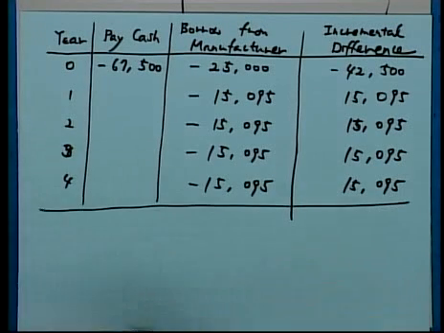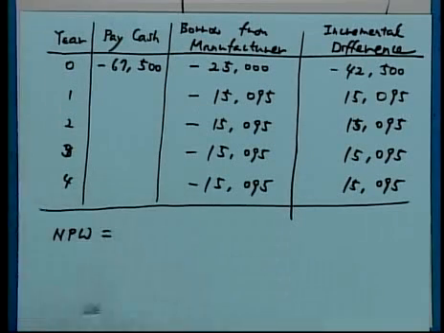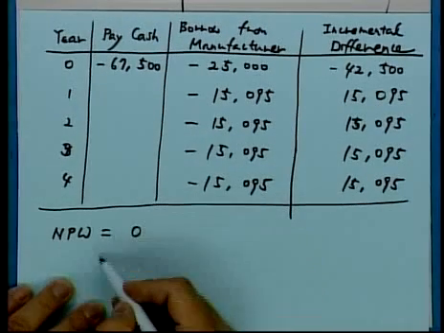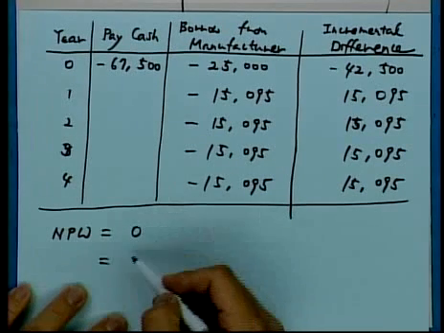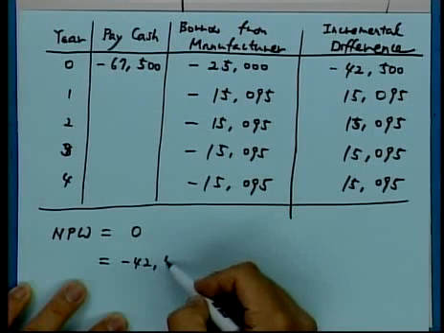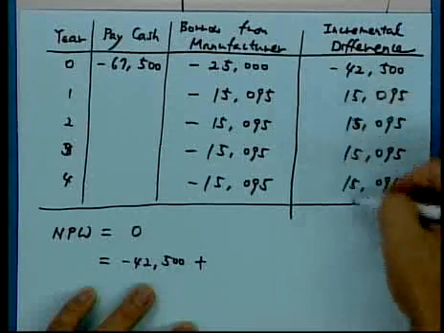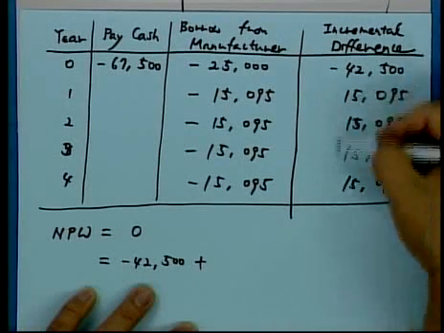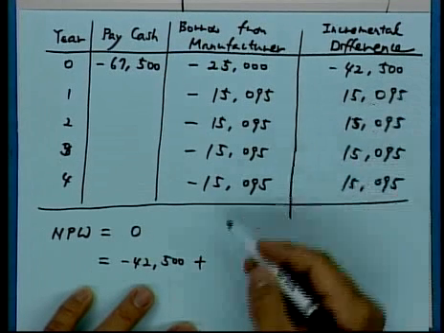Now we can set the net present worth equal to 0, which is negative 42,500 plus, you need to convert this uniform series to the equivalent present worth.